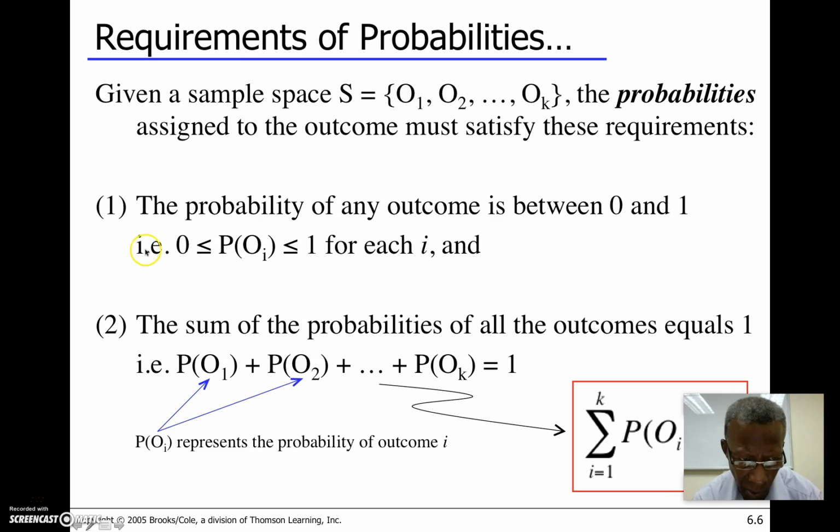It's defined between 0 and 1, as shown here for each i. And the sum of the probabilities of all the outcomes must be equal to 1. As shown here, P(O1), P(O2), P(O3) up to P(Ok) must sum to 1. And this is shown mathematically here in the corner, using the sigma notation.